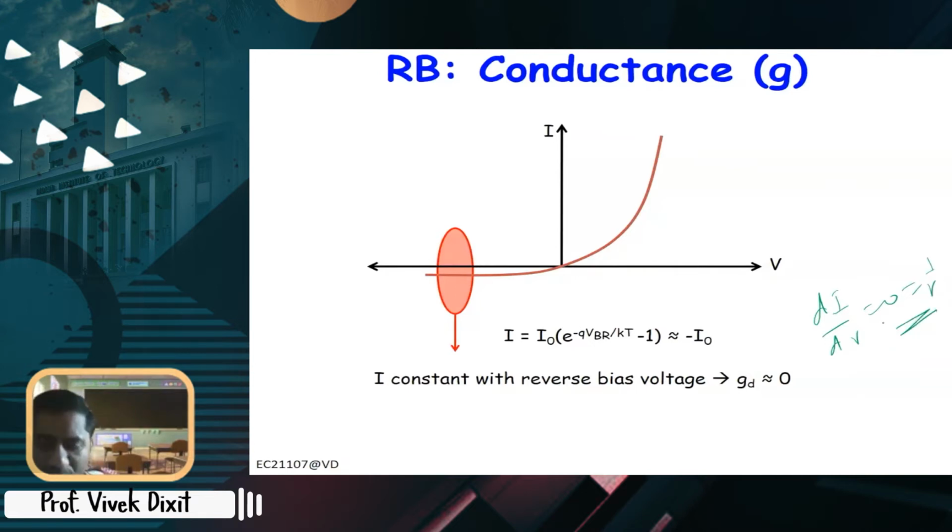Of course, it has some dependence on the square root of v, but that is very small. So you can consider r to be very large. It is not infinite, but very large, and that is called the leakage current. So we can say 1 over r, the conductance, is near 0. Here R means reverse bias.